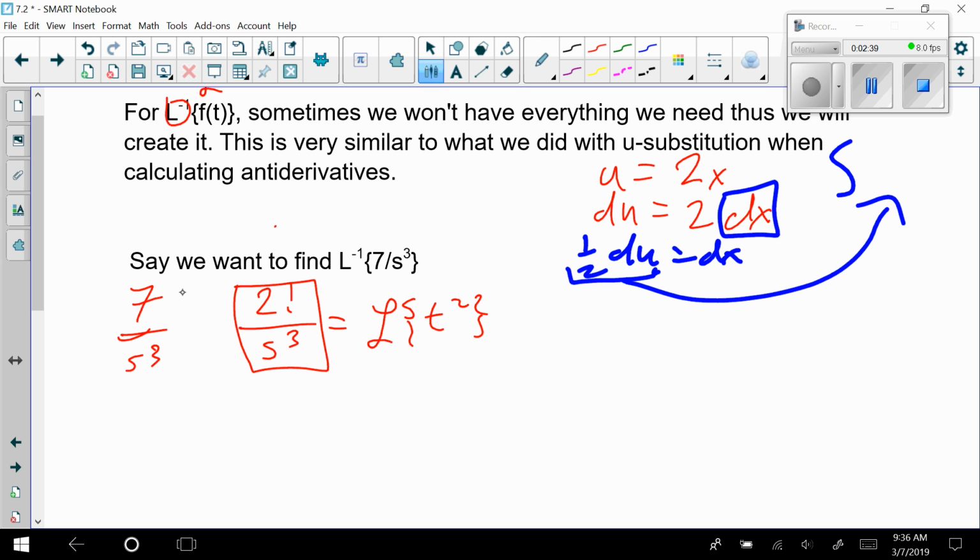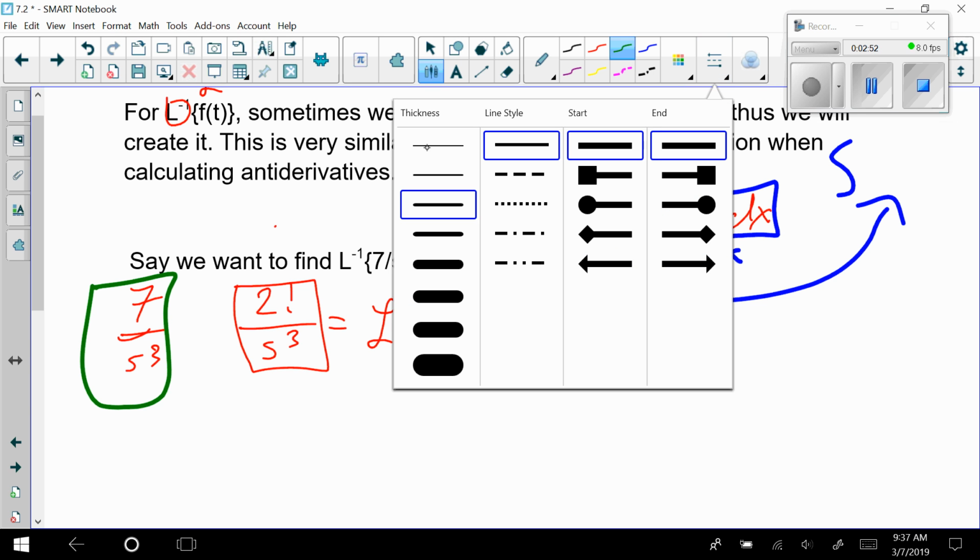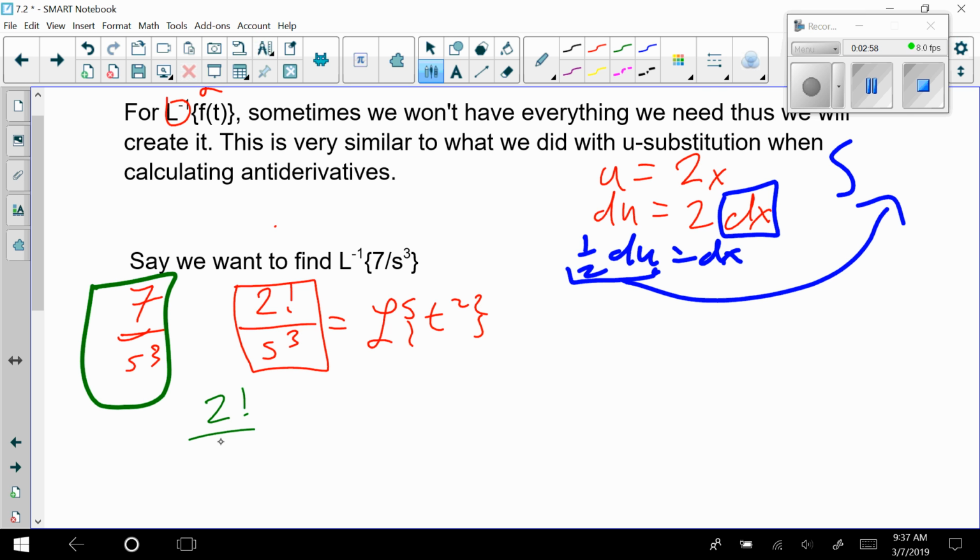Could we create the 2 factorial sitting up top? How could I do that? This is the original one right here. What could I do to that thing to get it to look like 2 factorial? If I did 2 factorial over 2 factorial times what I had over here, that's times 7 over s cubed.